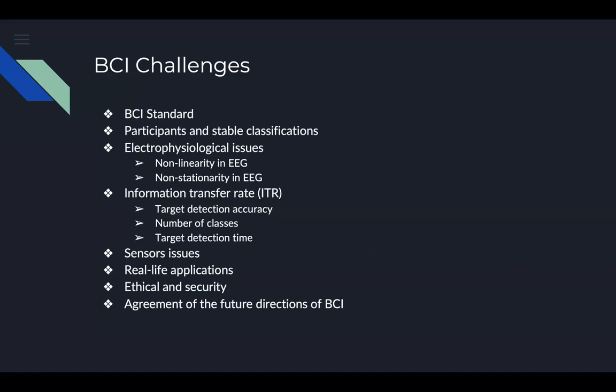And the results which we get have a very high signal to noise ratio, which alters the results.